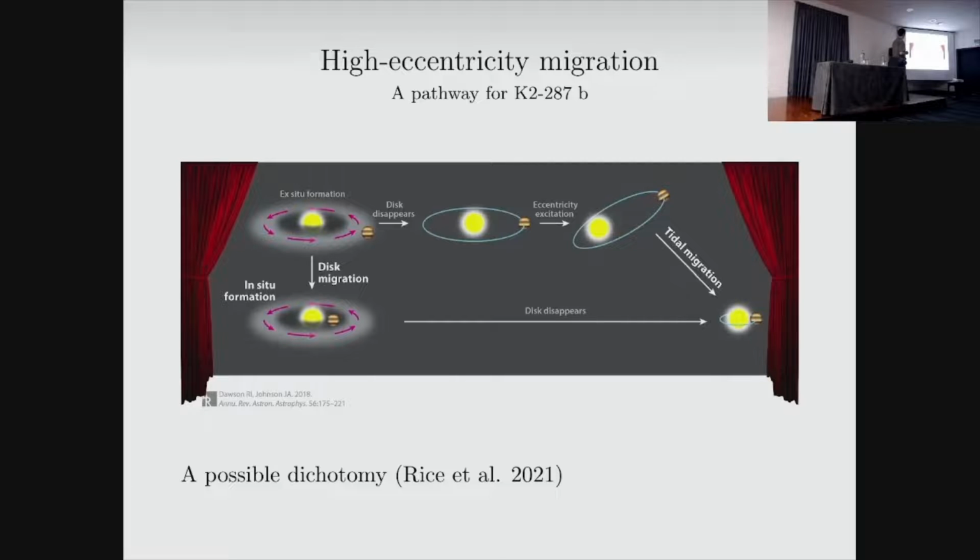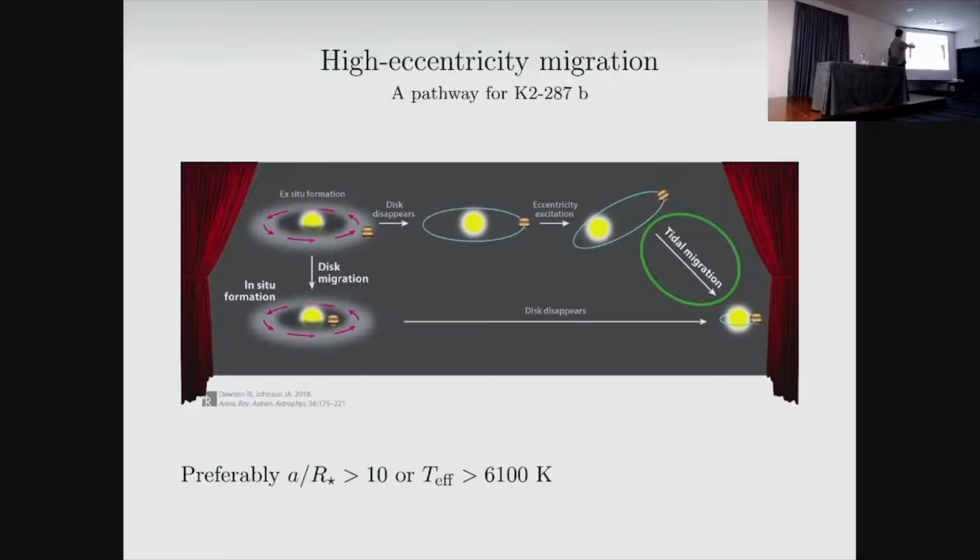And also, you know, there's this sort of possible dichotomy. So dynamically cold, that should be circular and well aligned, or dynamically hot, eccentric and misaligned. Right, and you can see there is this thing over here which we want to sort of mitigate and avoid. That is tidal migration.